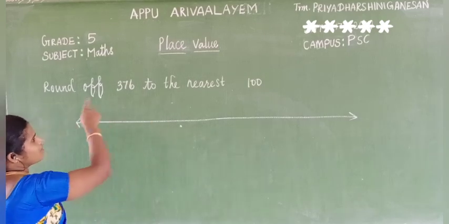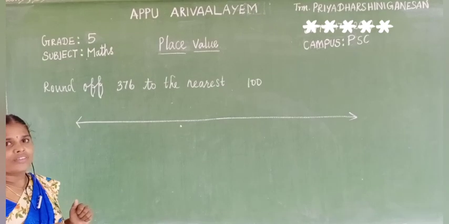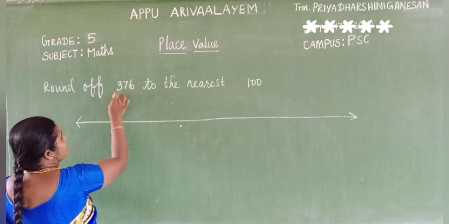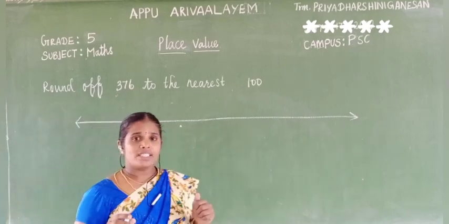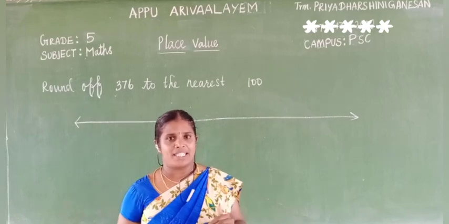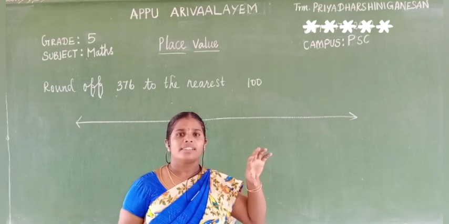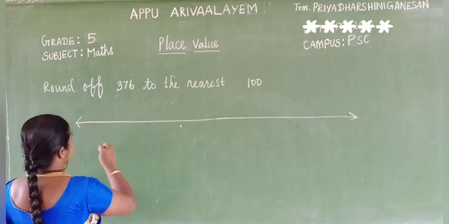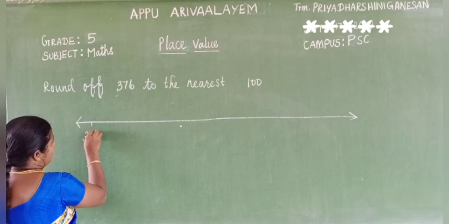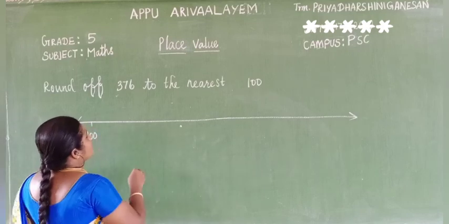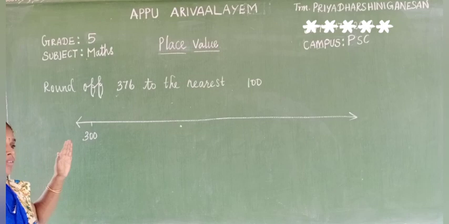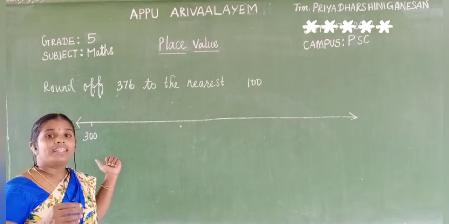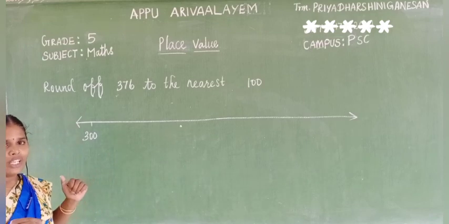For the nearest 100, first you need to find that 376 lies between two hundreds, 300 and 400. Then you need to create a number line from 300 to 400 by counting tens, okay, cuties?